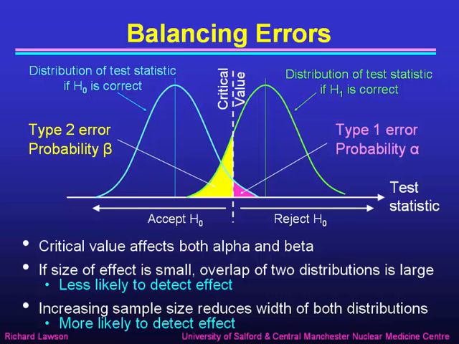On the other hand, if we increase the sample size, that will reduce the width of both of those distributions, so the overlap will become smaller and we're more likely to successfully detect an effect. So if we have a small effect, we generally need a large sample size to distinguish it. But if we've got a large effect, we may be able to find it with a small sample size.